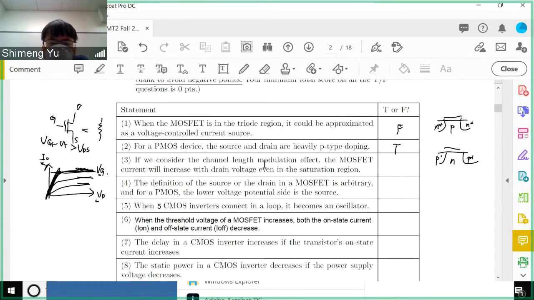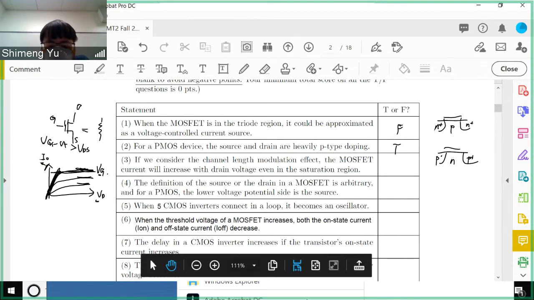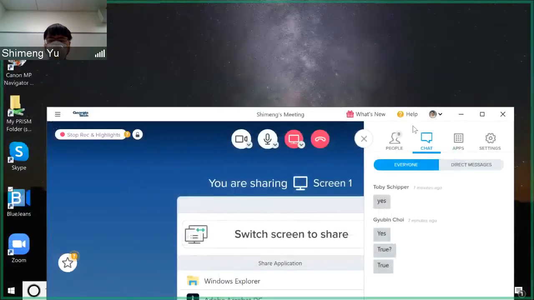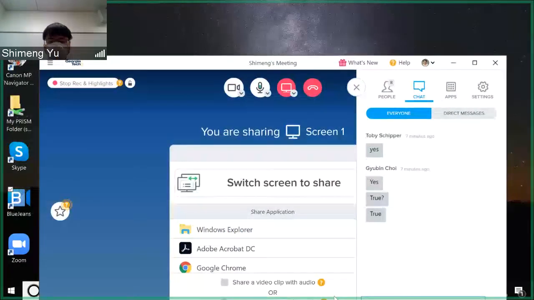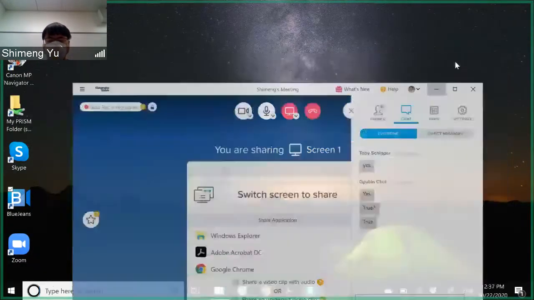Channel length modulation. So this one is talking about the second-order effect.